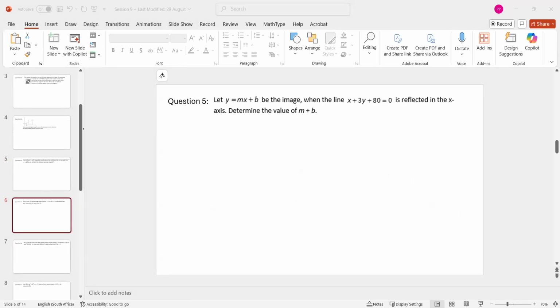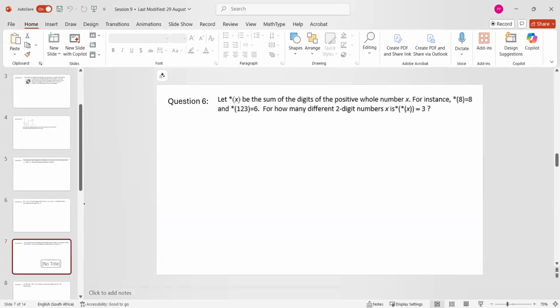So you've got another thing: y equals mx plus b be the image when the line x plus 3y is reflected in the x-axis. Okay. Let me skip this because I'm sure that'll take a little bit of time to do. Let's see what the others are. If I've got time, I'll come back to that. It's reflection, so it requires a little bit more depth into understanding graphs.